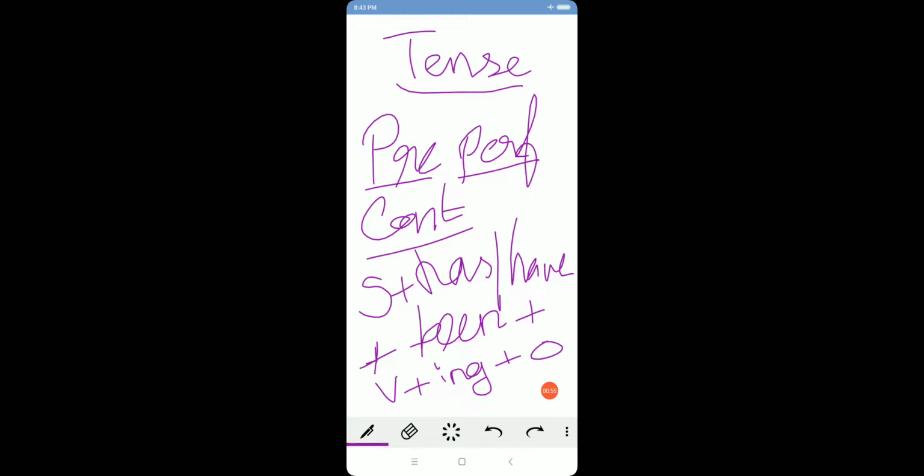Subject plus has or have plus been plus verb plus ing plus object. So this is the form of present perfect continuous tense. What are all the auxiliary verbs we are using here? We are using the present auxiliary has and have. Has is singular and have is plural auxiliary verb, right?